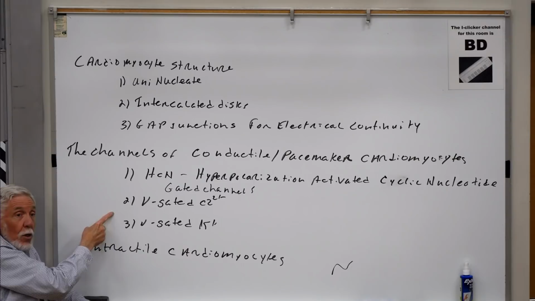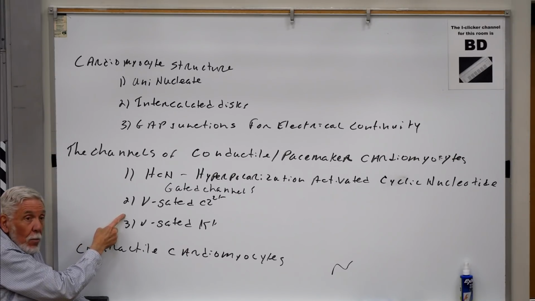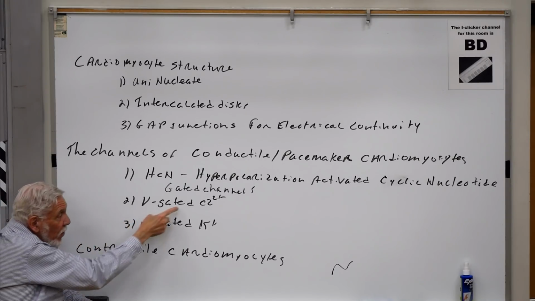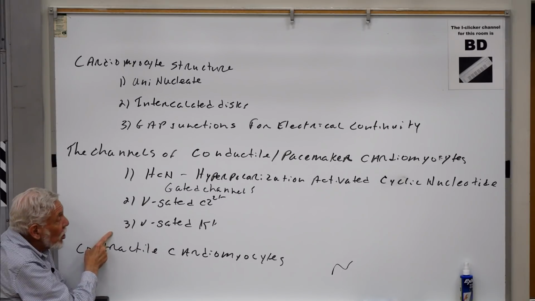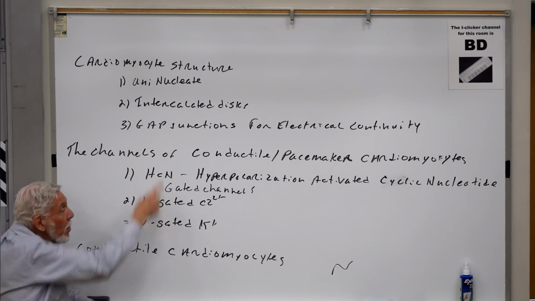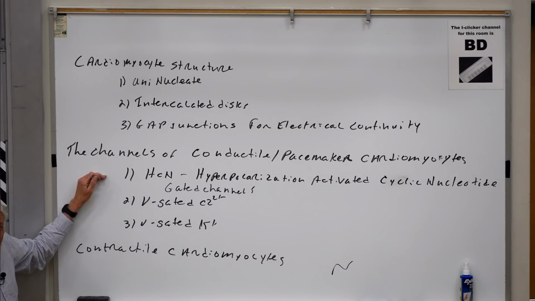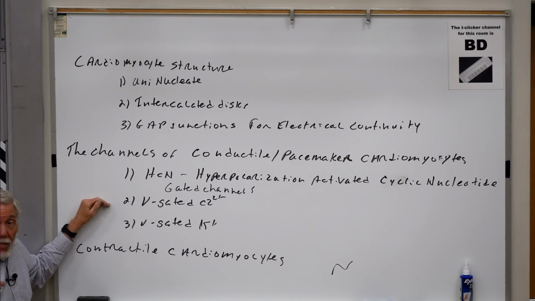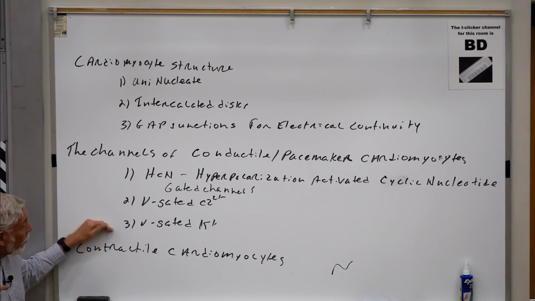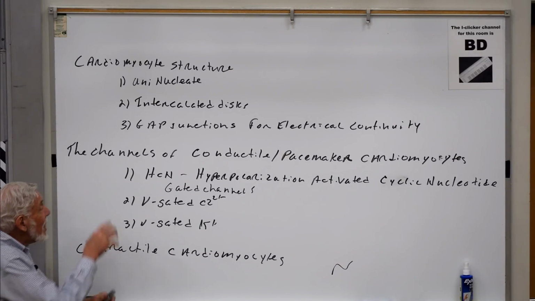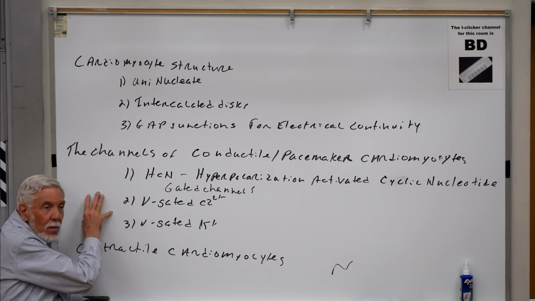So we open the voltage-gated calcium channels, depolarize the membrane with the influx of calcium, and that then causes the opening of the voltage-gated potassium channels. The membrane repolarizes, and we start all over. So through the cycle of opening an HCN channel to let sodium in, followed by the opening of a voltage-gated calcium channel, followed by the voltage-gated potassium channel, we set the rate and rhythm of the heart rate.